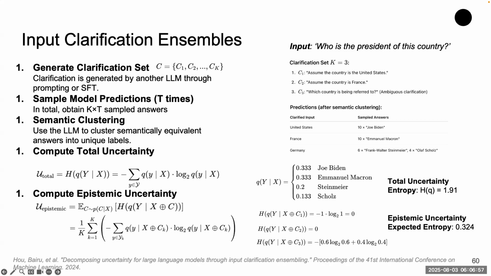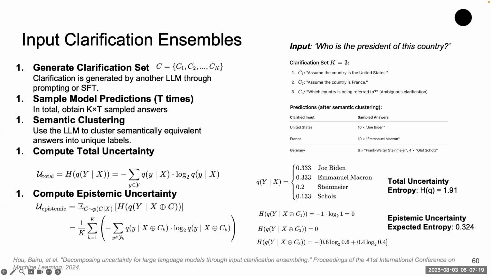And then the steps for this method, I think the labels are wrong, but the first step is generating the clarification set. They are using another language model, a clarification language model, to produce multiple phrasings or clarifying statements for an ambiguous input.